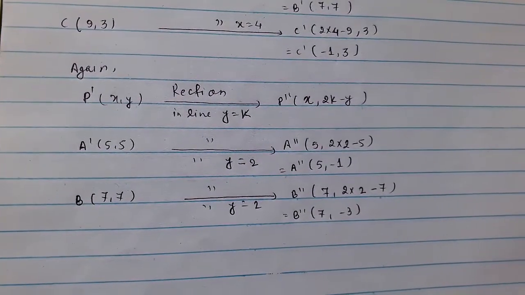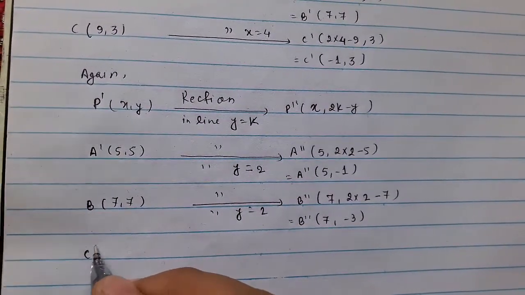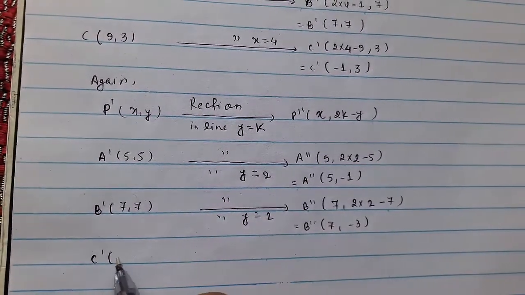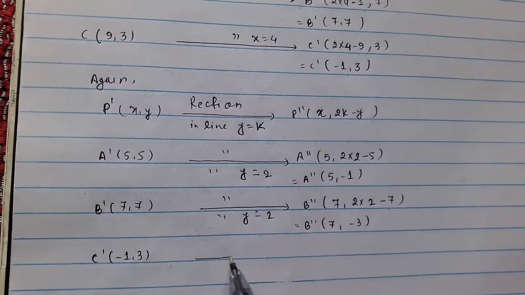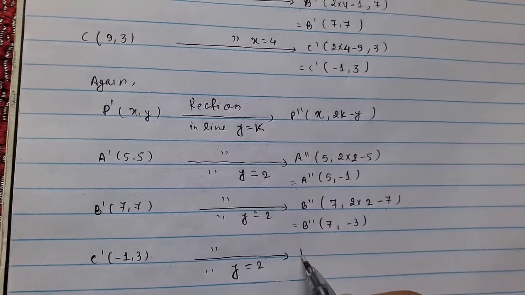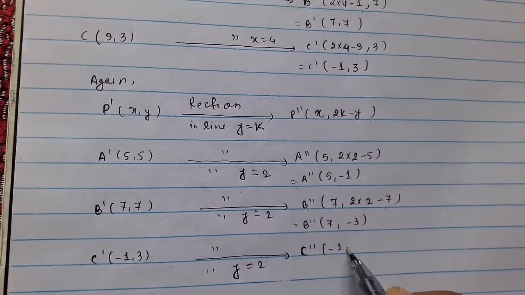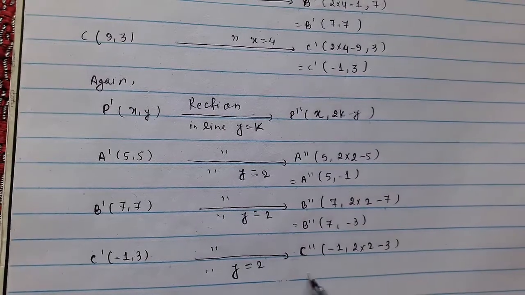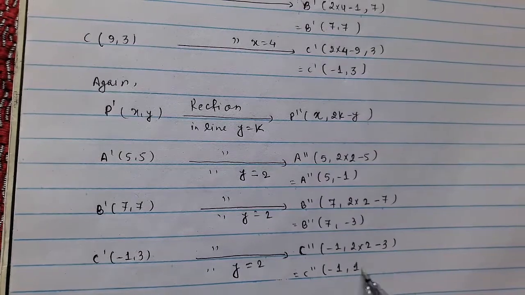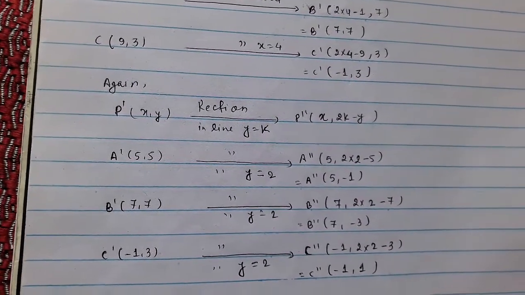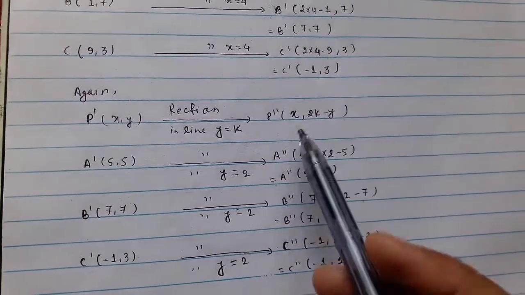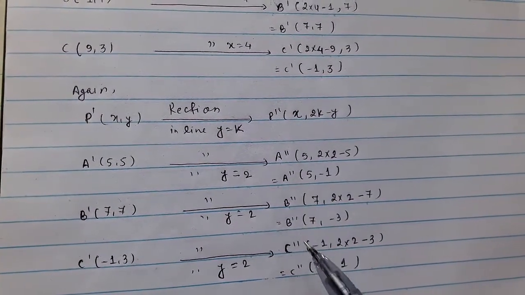Lastly, C dash is (minus 1, 3), and under the same condition C double dash is (minus 1, 4 minus 3), that is (minus 1, 1). So we have got the vertices of A dash, B dash, C dash and A double dash, B double dash, C double dash.